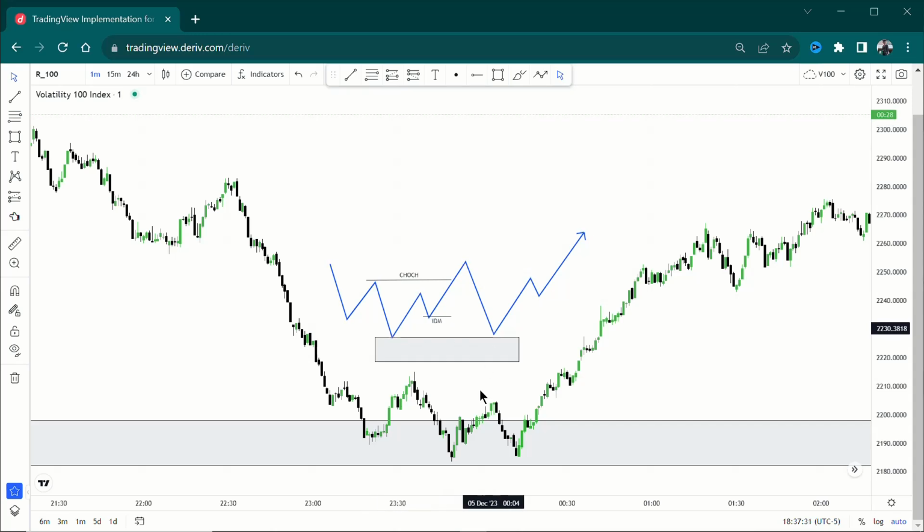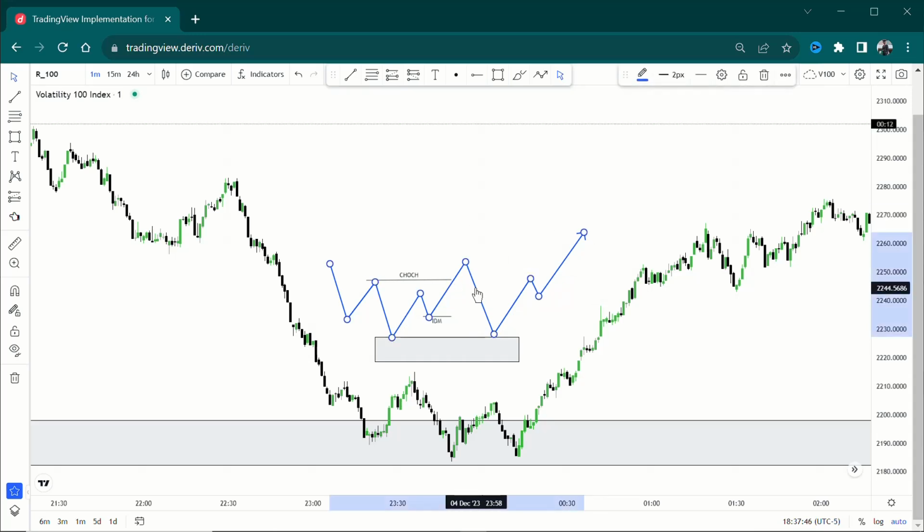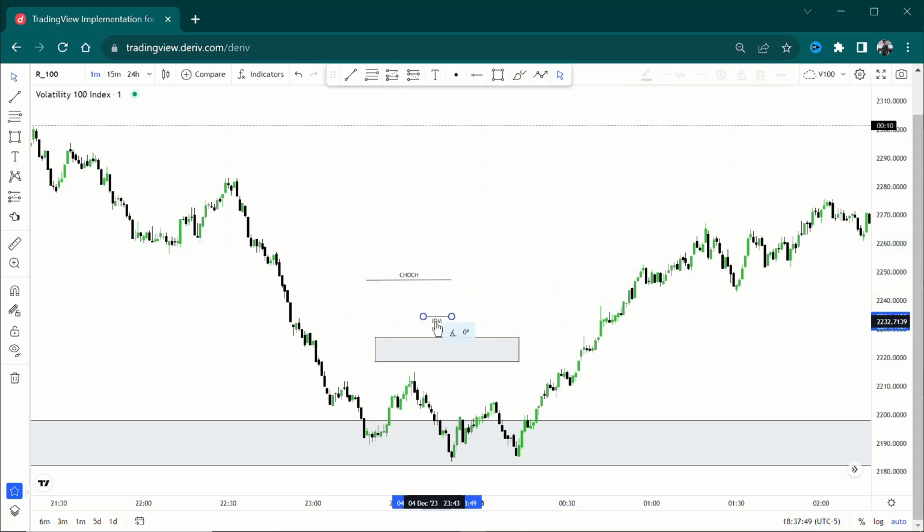Just let it be. It's fine, you're not going to lose anything. So this is all you are looking for. You enter in a 1 minute point of interest somewhere there, and then you let it run. That's all you're looking for.